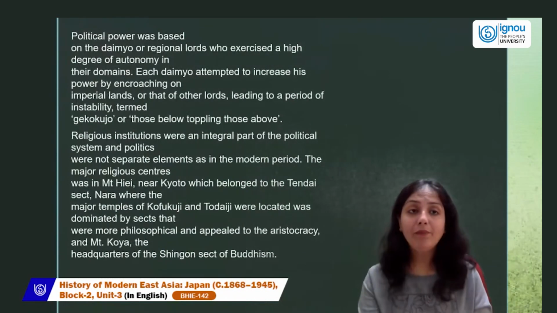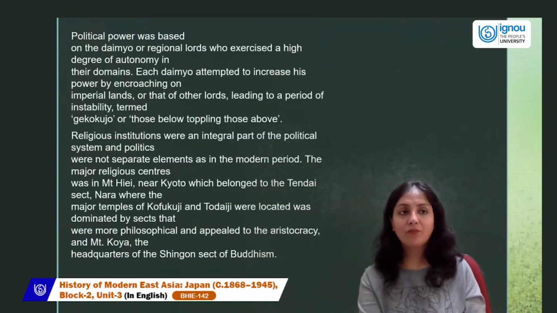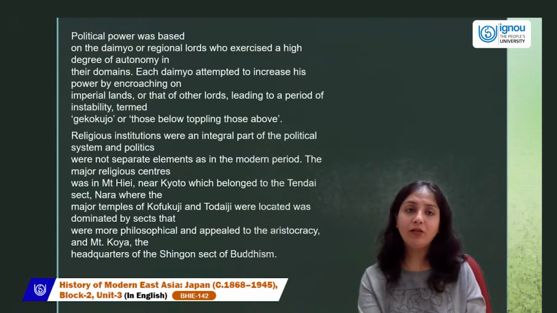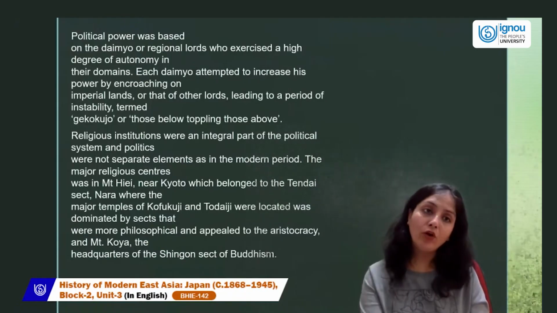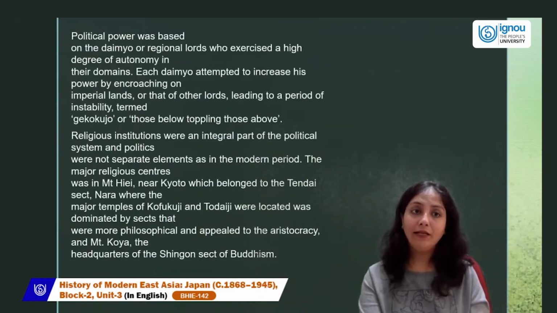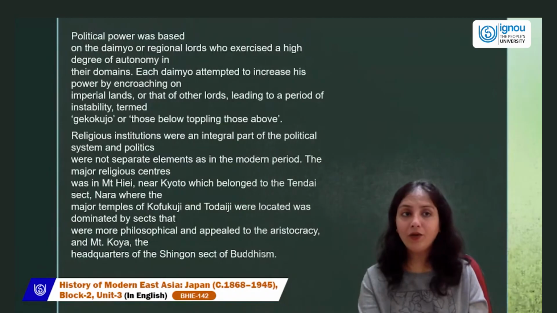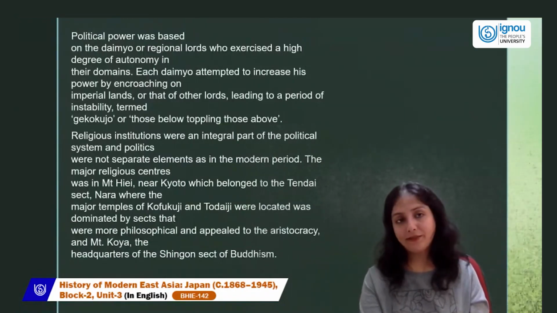Next, the political power was based on daimyo, or regional lords. Daimyo means the landlords who had the land related to that particular region, who exercised a high degree of autonomy in their domains.